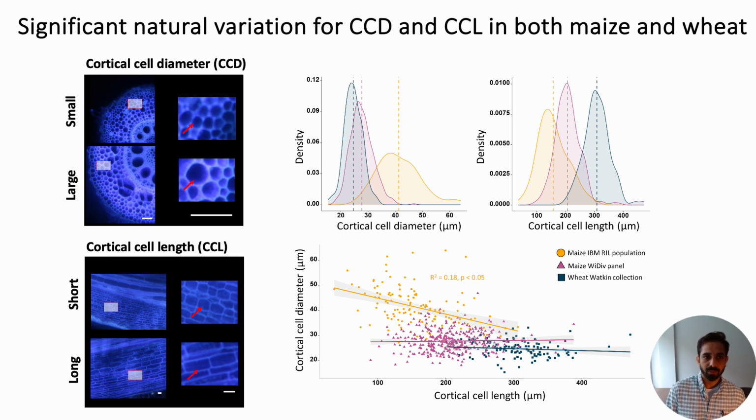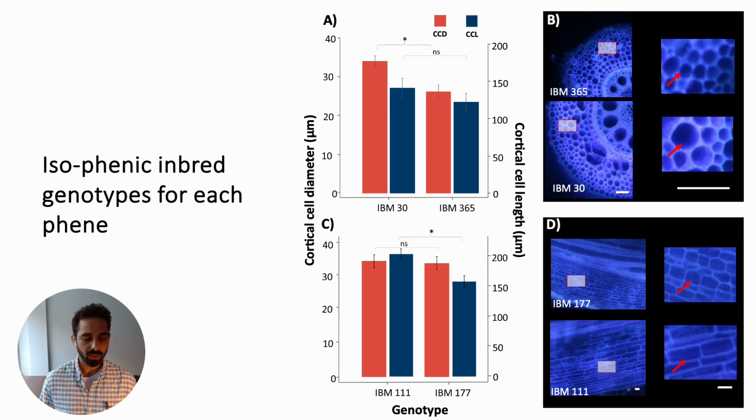But out of this, we can select lines, especially from the maize IBM RIL, which differ for cortical cell diameter and cortical cell length. We call them isophenic lines here: the lines which only differ for cell diameter are on top, and on the bottom, they only differ for cell length and not for cell diameter.